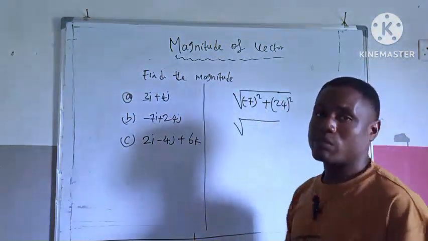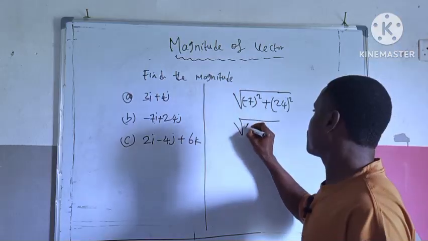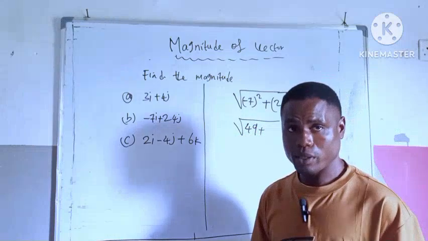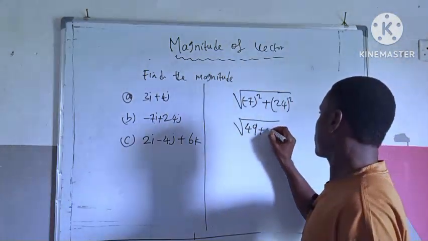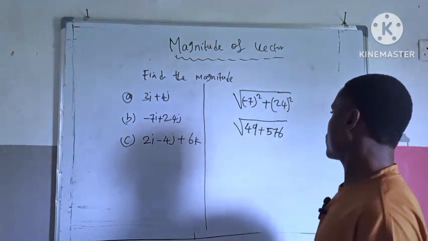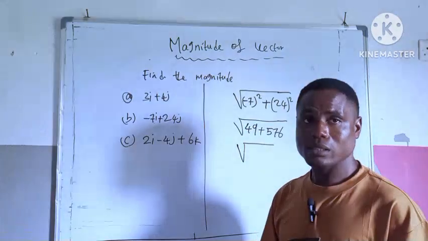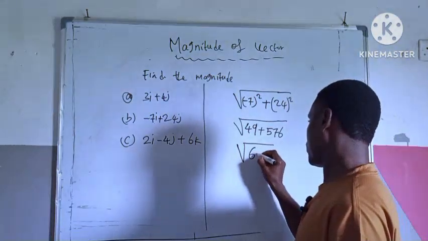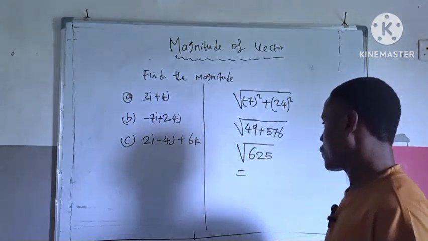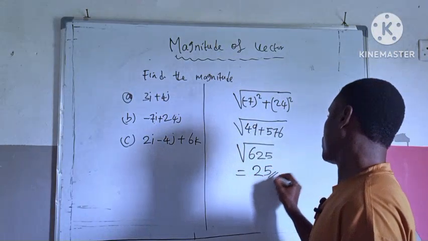So minus 7 times minus 7 is 49, plus 24 times 24, that is 576. You can press your calculator and confirm. 49 plus 576 is 625. So what is the square root of 625? Is 25.